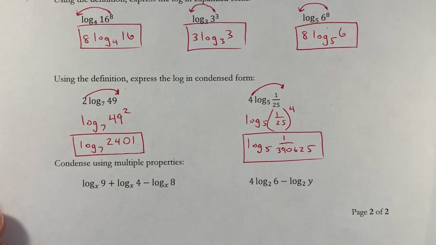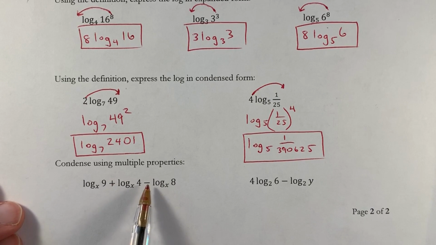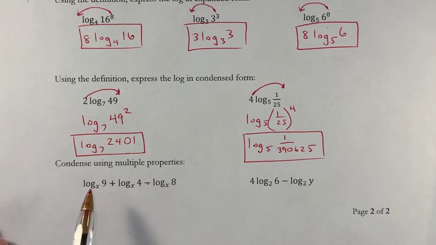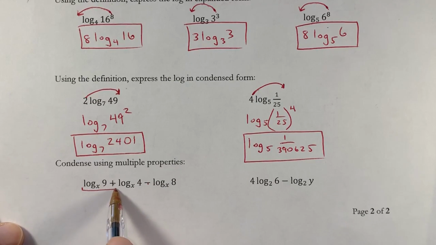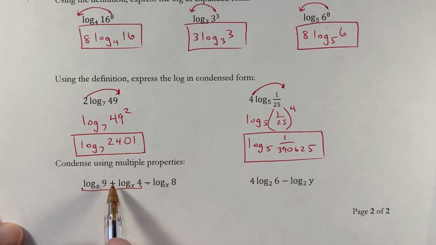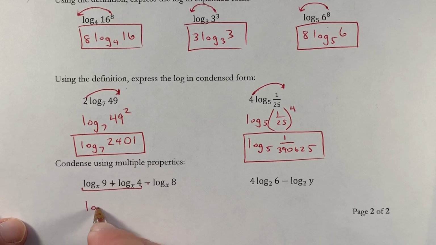And now I've got a couple that I want to condense using more than one property. Okay, so here I've got a sum and I've got a difference. So I'll start by condensing these. And since I'm adding these two logarithms with the same base, that means I can multiply the arguments.